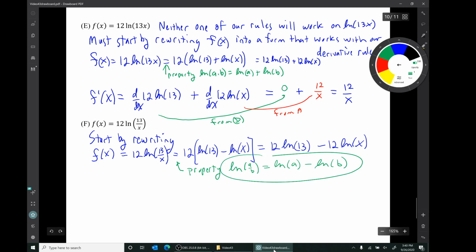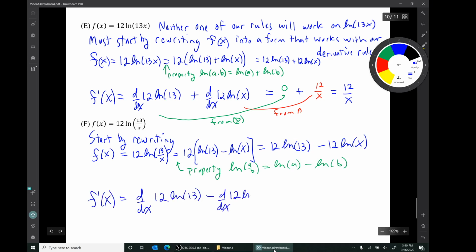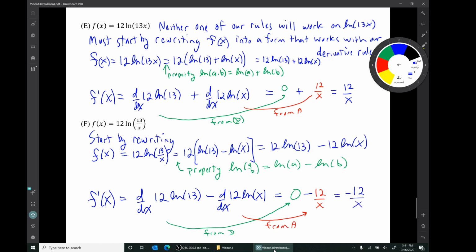Log of a quotient is the difference of the logs. Now we're ready. We have a function that does not have anything else inside the logarithm besides just an x or a number. So we're ready to find the derivative. And again, we spot our earlier results. And our result is minus 12 over x.